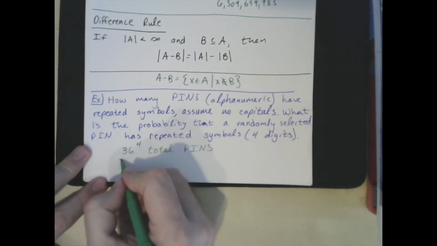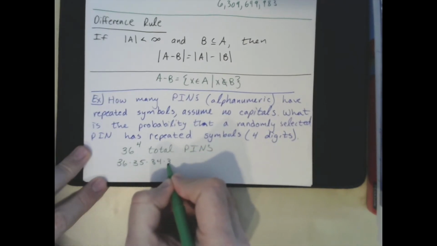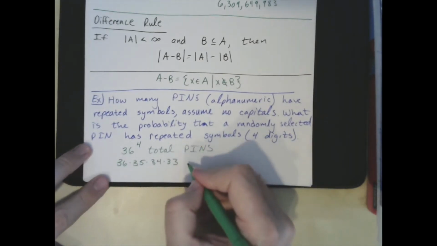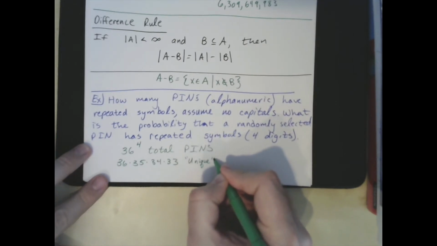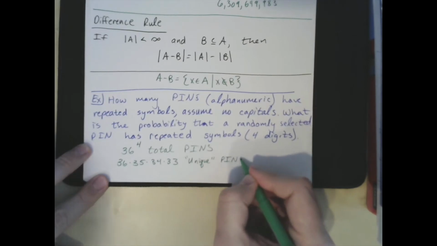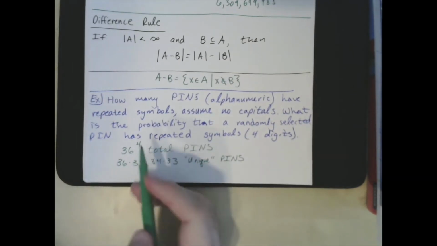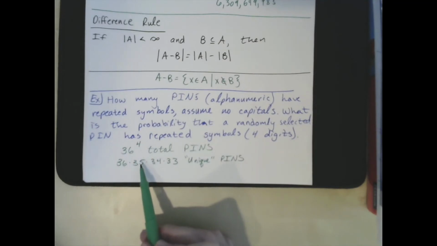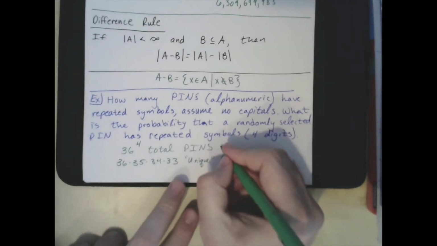And then we have 36 times 35 times 34 times 33. We're calling them unique for shorthand pins. So these are things that don't have any repeats, right? Once we pick our first digit, the next one excludes that from the choices, the next one excludes both of those, and the last one excludes the first 3. So we did this in the previous section.